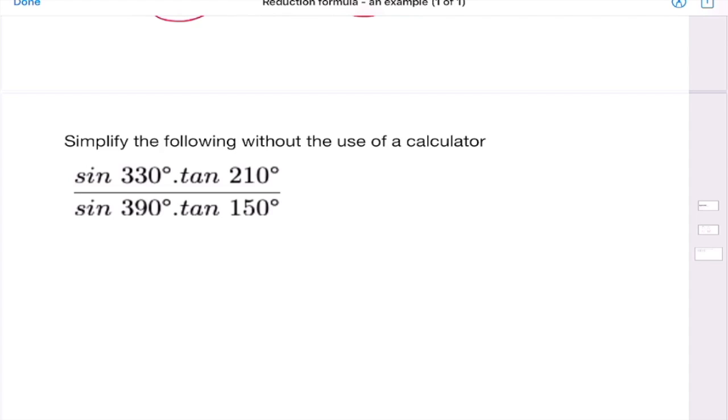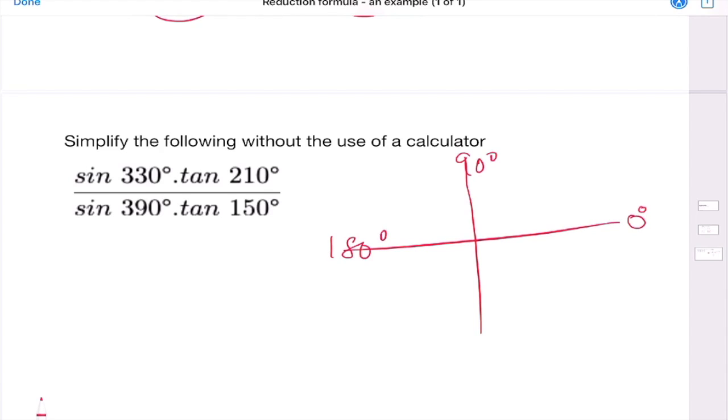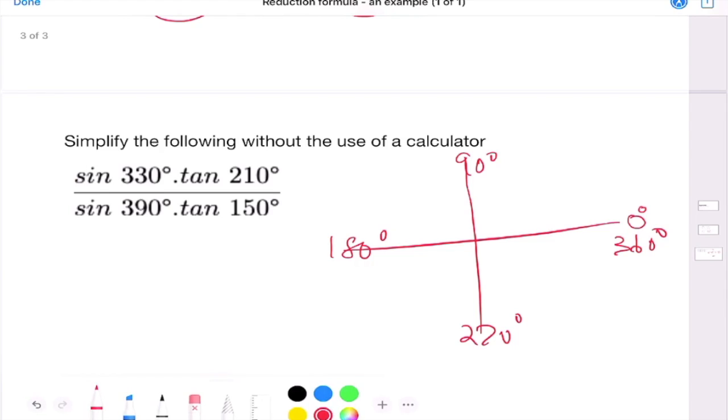Let's start with simplifying sine of 330 degrees. The angle 330 degrees should be in quadrant number 4. So 330 is in quadrant 4. And we said angles in quadrant 4 can be written in the form 360 degrees minus something.